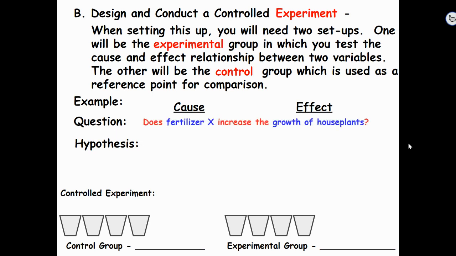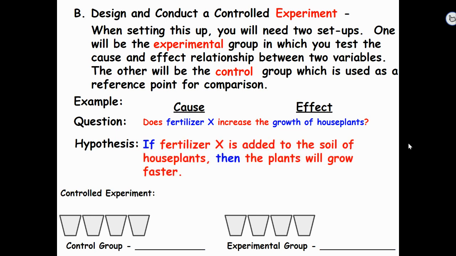All right. So for example, let's use the fertilizer one that we had before. Does fertilizer X increase the growth of houseplants? Again, our hypothesis was if fertilizer X is added to the soil of houseplants, then the plants will grow faster. All right, so in our controlled experiment, we have the control group, which we put no fertilizer in.